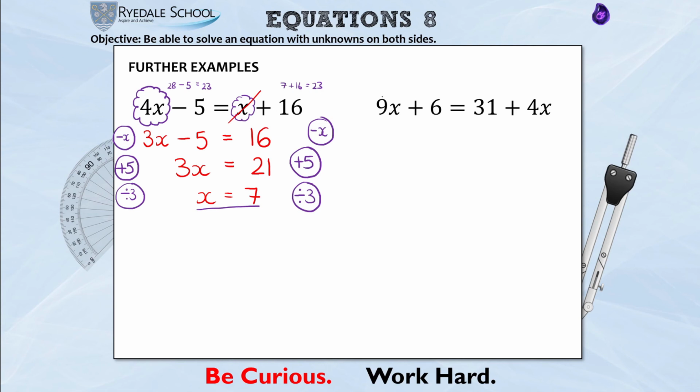Let's look at this final example. I have 9x plus 6 equals 31 plus 4x. Don't be put off by the fact that I've written this the other way round. On this side, I have 4x's, and on this side, I have 9x's. This is the side with more x's, so I'm going to subtract 4x's from both sides.